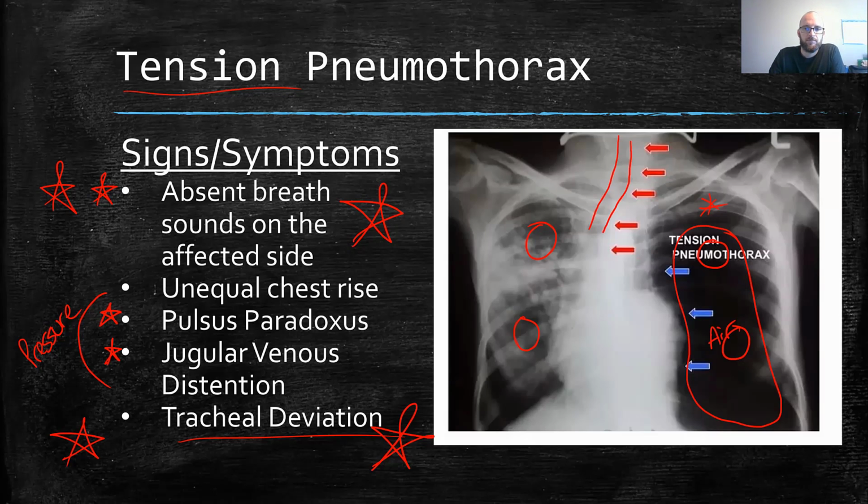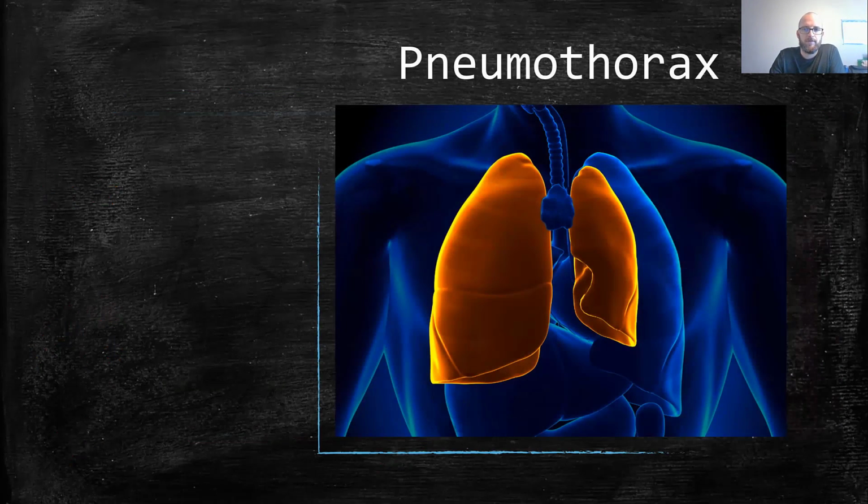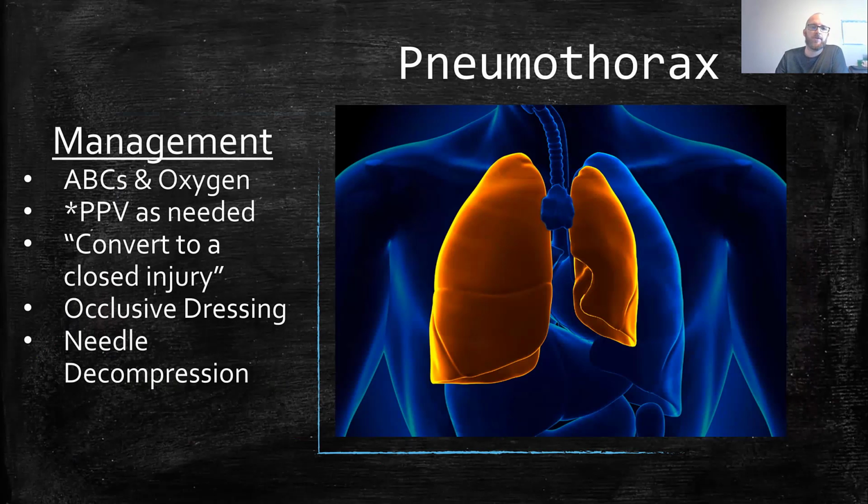Good. All right, so management, right? ABCs and oxygen as normal. And I put positive pressure ventilation here as needed, right? And I put that little asterisk there. And the reality is, we said this whole thing is a pressure problem building up inside the chest.